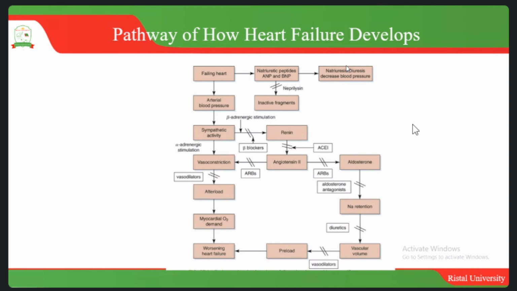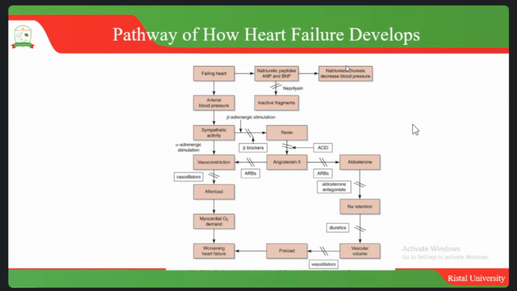Then from the afterload, there can be myocardial oxygen demand. In case there is little afterload, it will not allow enough blood to get into the ventricle, and for that case there will be little blood pumped out, and can lead to myocardial oxygen demand, because what is gotten into the heart is little, and it's having little oxygen, which will also affect the myocardial muscles to function well, in order to pump blood out of the heart and to receive from either the lungs, for it to pump it into the rest of the body.